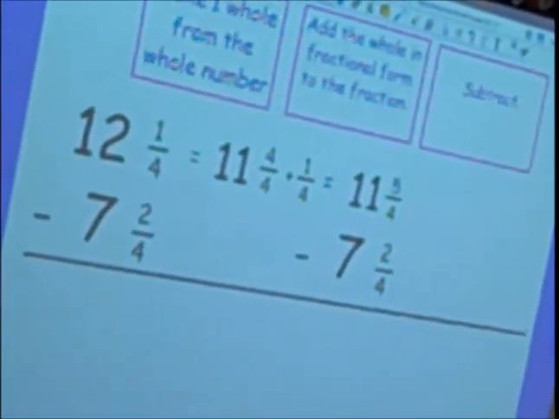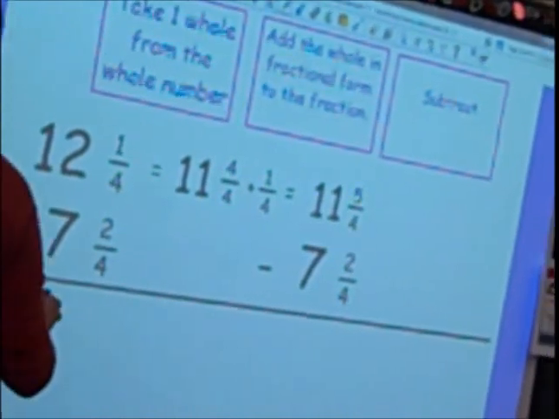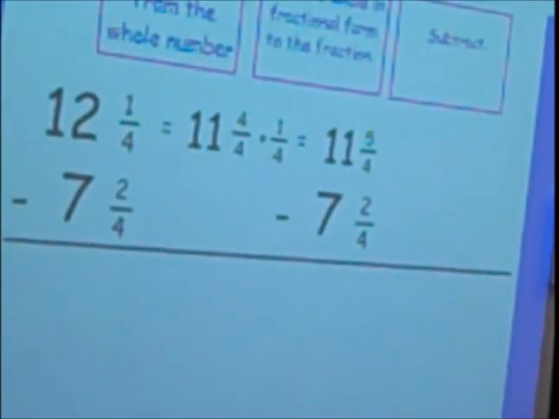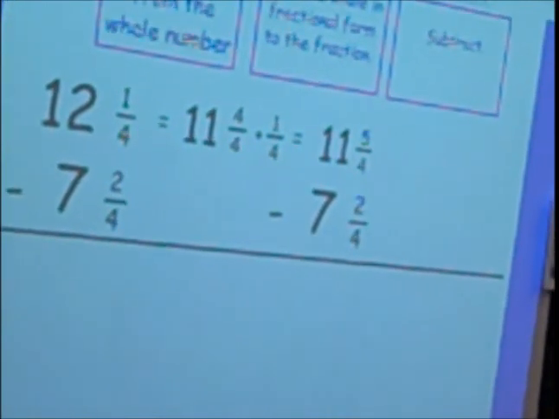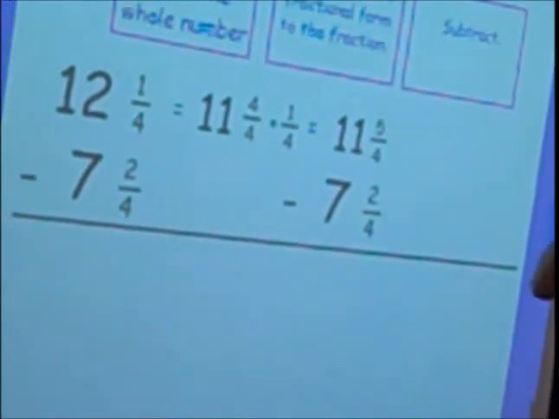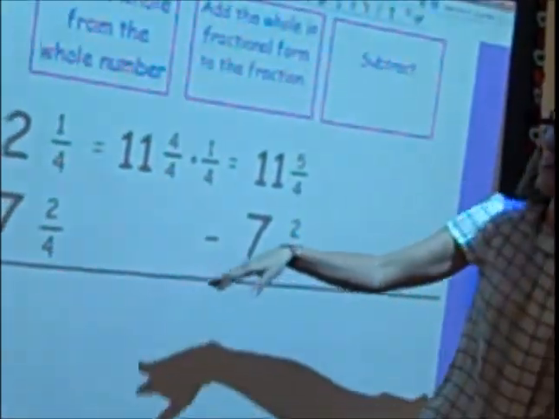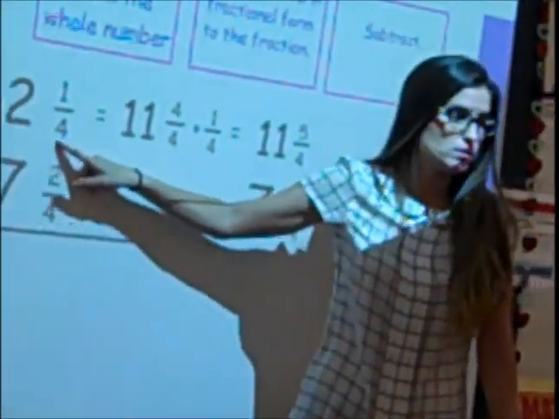So when we are regrouping for fractions, normally when we regroup a 10, our number is a base 10 system. Well, when we are regrouping for fractions, your whole changes every time. So right now, our whole is out of fourths.